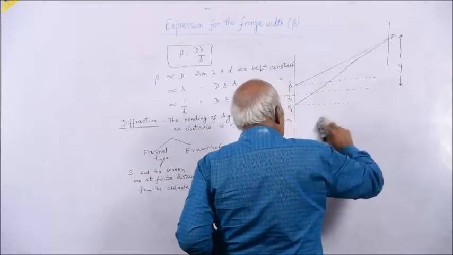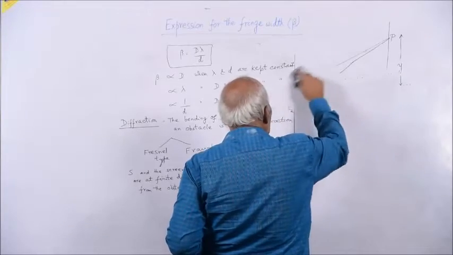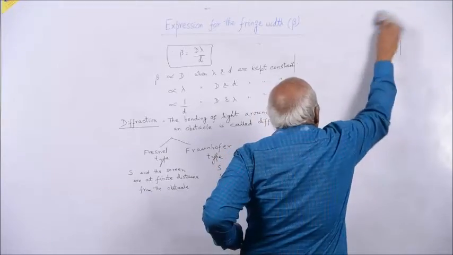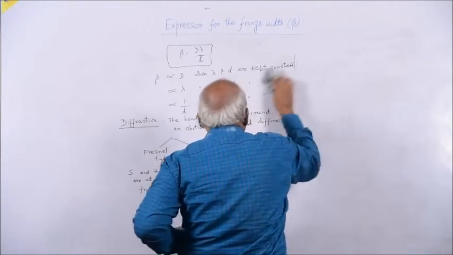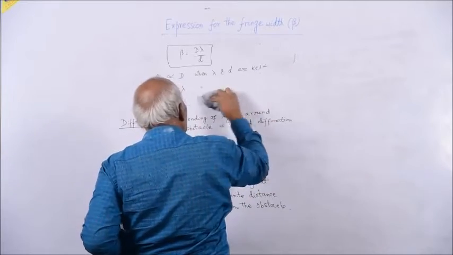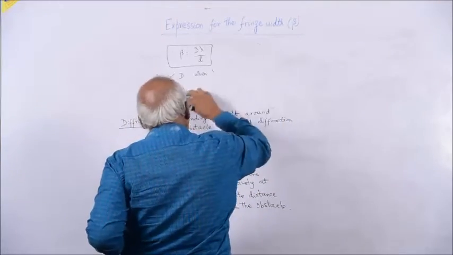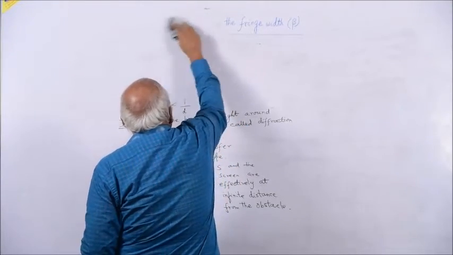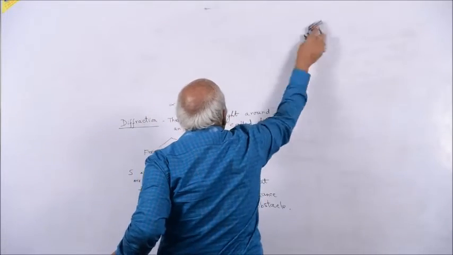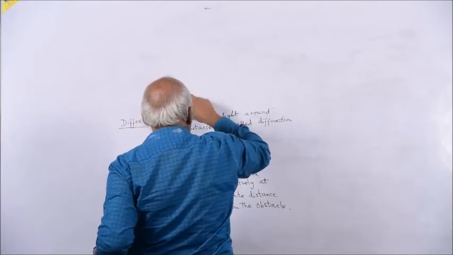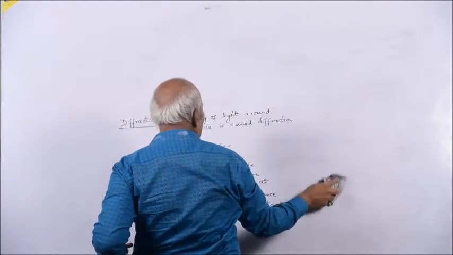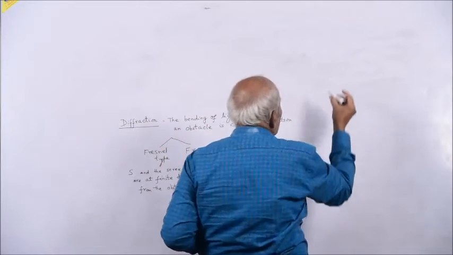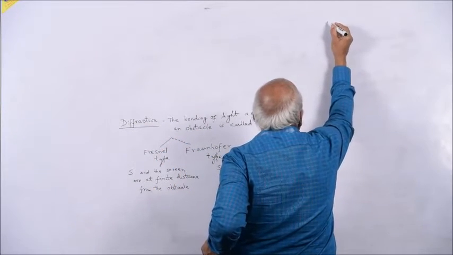Any slit, however small it may be, can be regarded as made out of many points. That means, a large number of secondary waves emerge from a single slit, and these secondary waves superpose on each other to produce the diffraction effect, which as we have discussed, is bending. So, let us see what happens here.